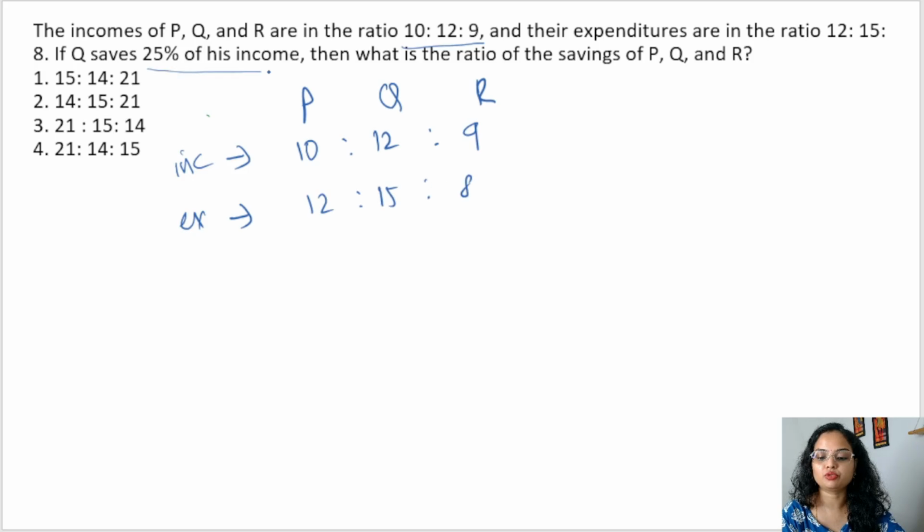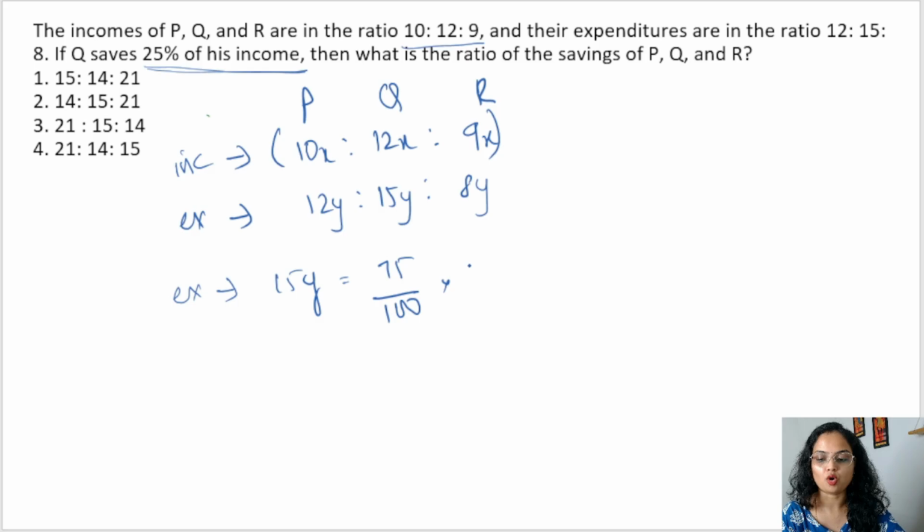If Q saves 25% of his income, let us assume the income as 10x, 12x and 9x, and we will assume the expenditure as 12y, 15y and 8y. Q saves 25% of the income. So what is the expenditure? Expenditure is 75%. So expenditure is 15y is equal to 75% of income.